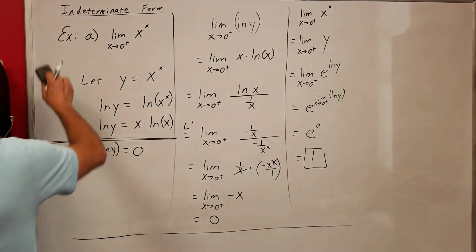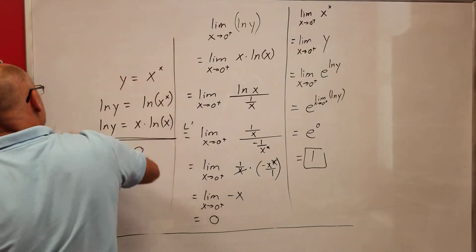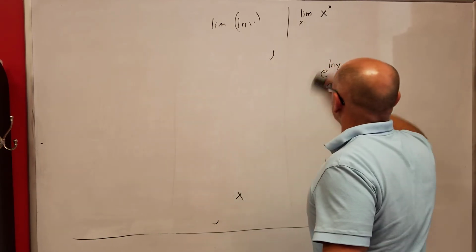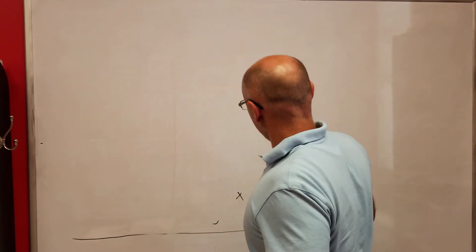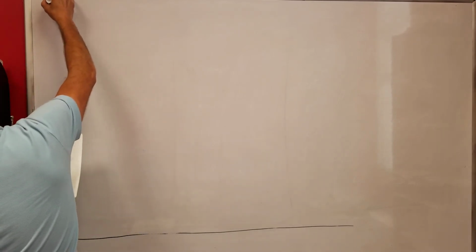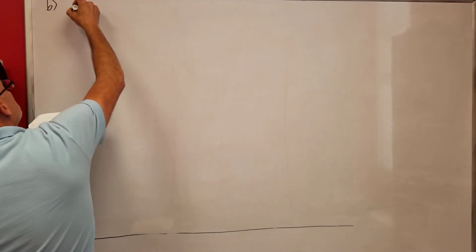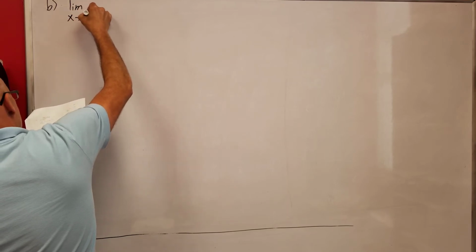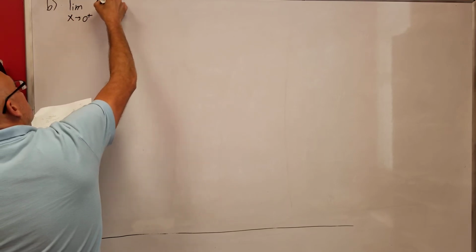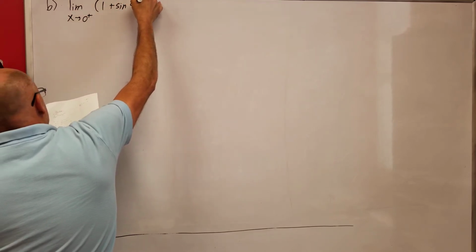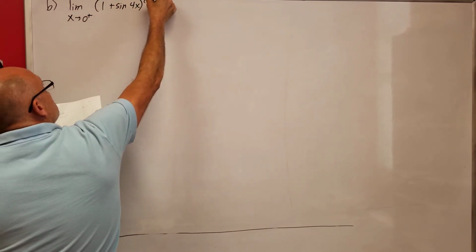We'll go ahead and call this one part B. Part B, we're going to evaluate this limit: the limit as x approaches 0 from the right of 1 plus the sine of 4x, all to the cotangent of x.